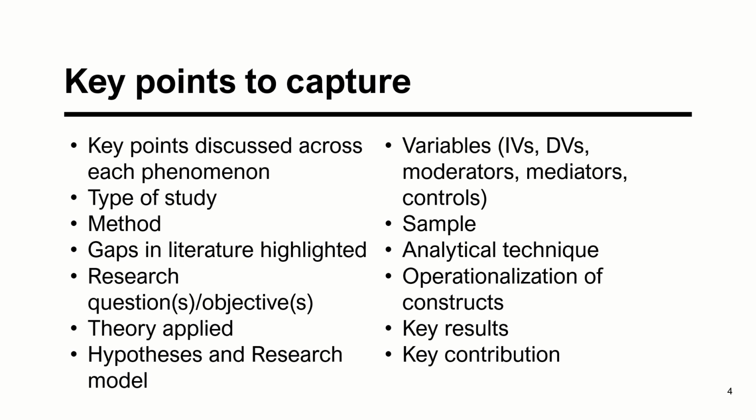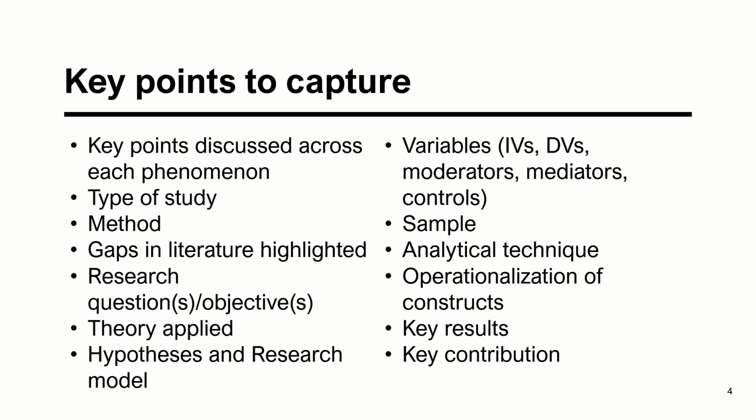Now, when you start your review process, by that I mean when you start to read each paper that is a part of your literary corpus, I would advise that these are some of the columns that you may want to create in an Excel or maybe even in a Word document, wherever you want to capture them.